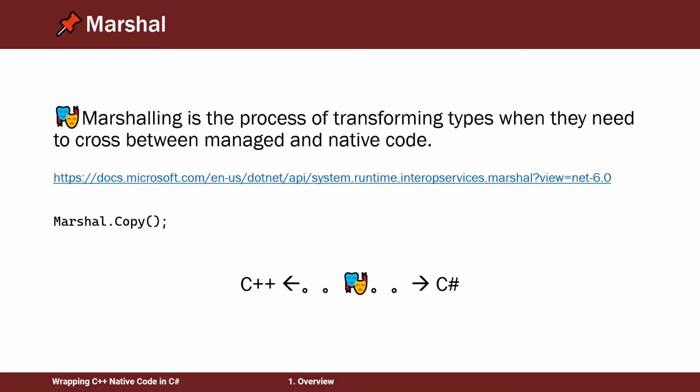Imagine there is a double type in C++ and also a double type in C#. This is the guy who is responsible for transforming this data back and forth. So for simplicity, again, please imagine it as the magician who can transform things. Cool. The brief introduction is done. If you're not so sure about the concepts and the definitions, please don't worry. Things will get clearer after you start coding.